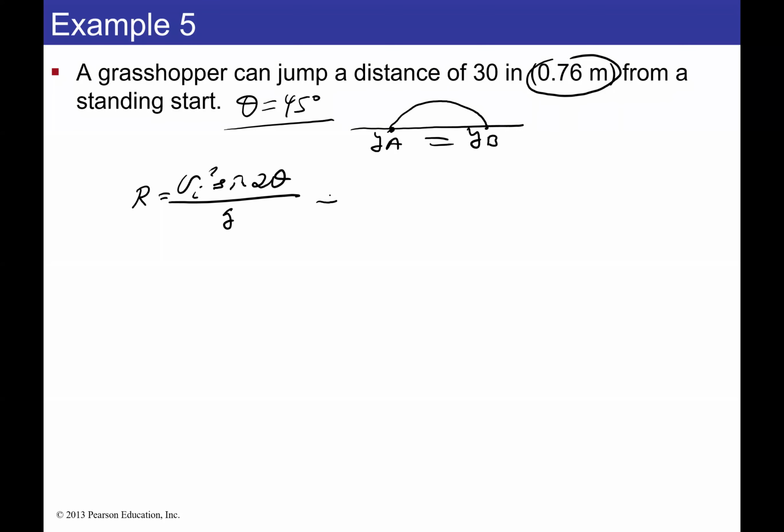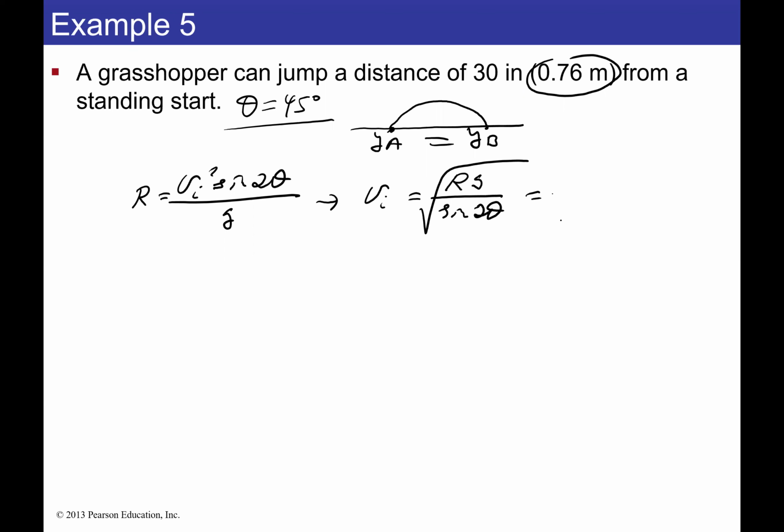That means I can rearrange this and solve for the initial speed squared, which will be R times g divided by sine of 2 theta, then take the square root.